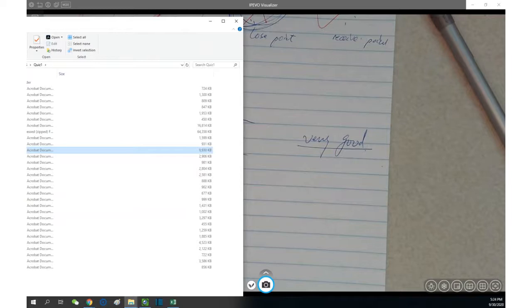Office Lens app to turn pictures straight into a PDF. Well, the software I use is this guy. I can show my screen.